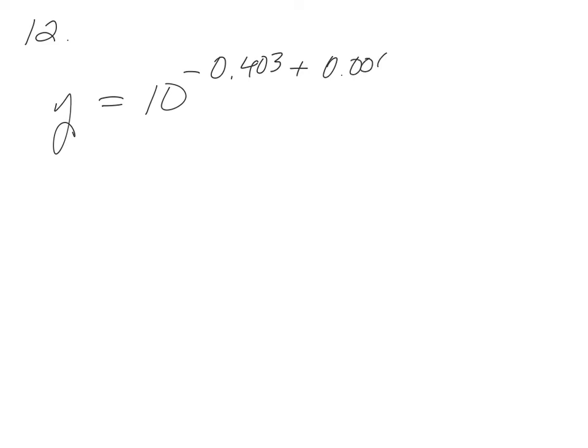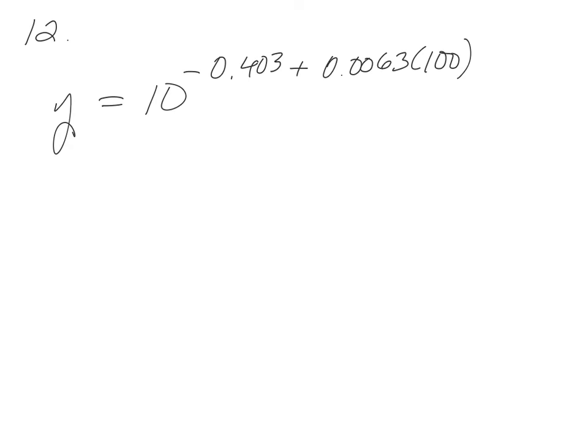If you look at number 12, it says, based on this exponential model, what age is a lobster with an exterior shell length of 100 millimeters? So we're going to look at the model, which is our equation, 10 raised to negative 0.403 plus 0.0063 times 100.